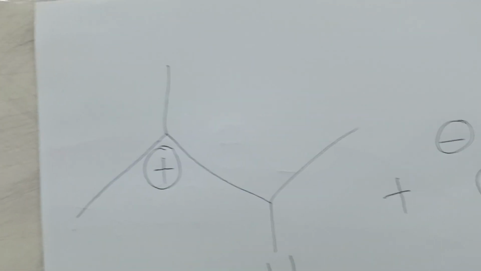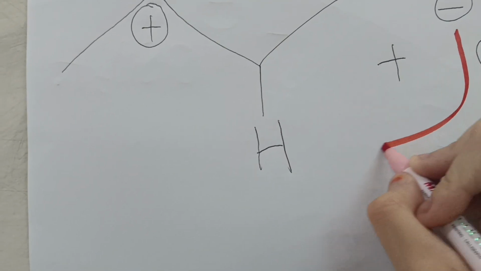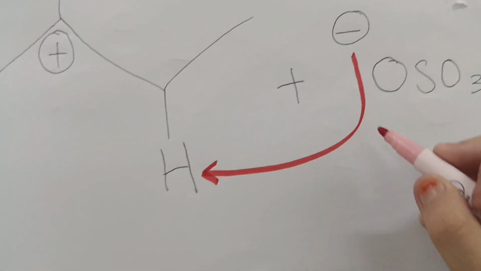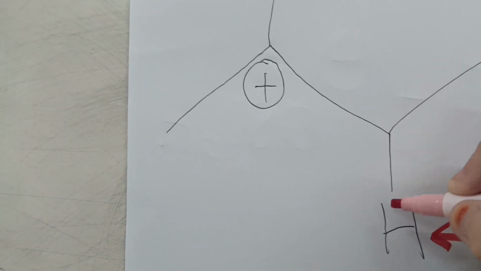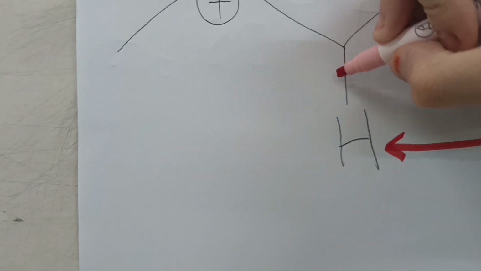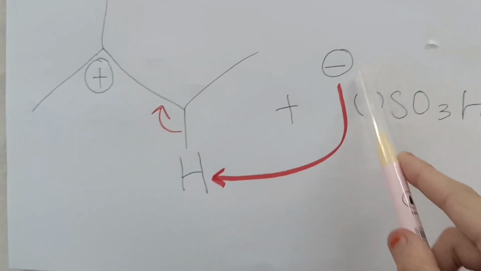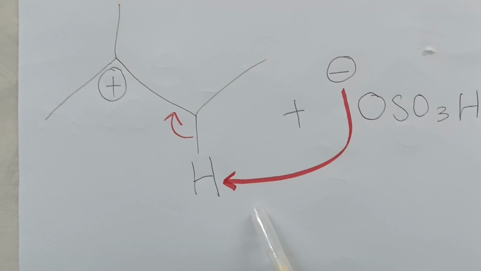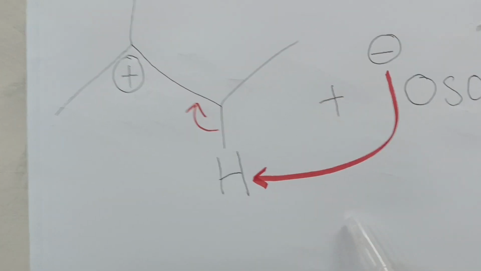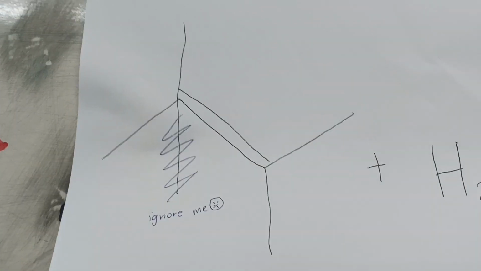So it will steal this H atom over here, and once it has reclaimed the H atom, the electrons from the sigma bond over here will be pushed to here. So in this swift attack, H2SO4 will be reformed, while a new double bond will be formed here.